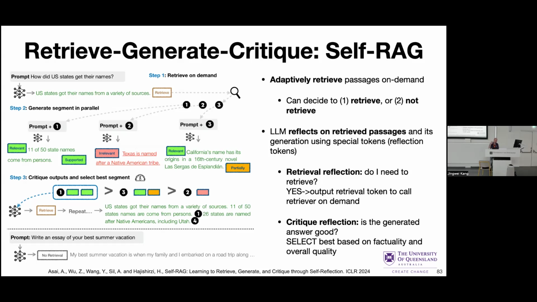It will critique the answer, and if the critic says yep, the answer is good, that's the answer you give to the user. If the critic says no, the answer is not good, then it goes back and redoes the search based on that. So you see these more adaptive types of approaches.